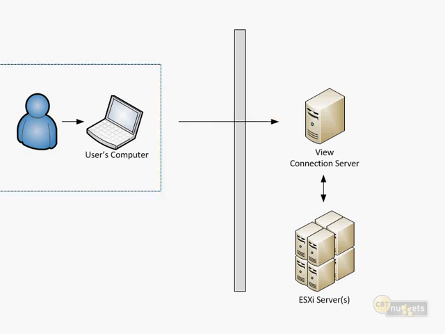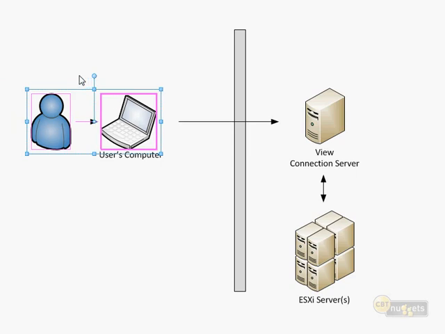Now this, of course, brings up an interesting point, right? So I've got a user here, and somewhere down here is that user's virtual desktop. Well, unless we figure out some way to plug that desktop into the user's brain, the initial point, the on-ramping point for this virtual infrastructure, requires some sort of device that the user has to work with.